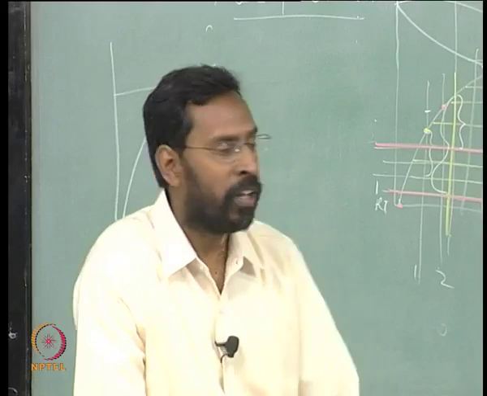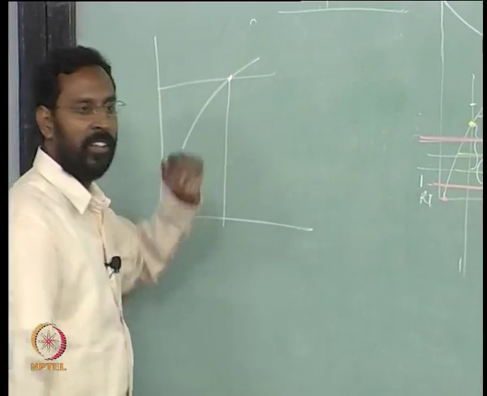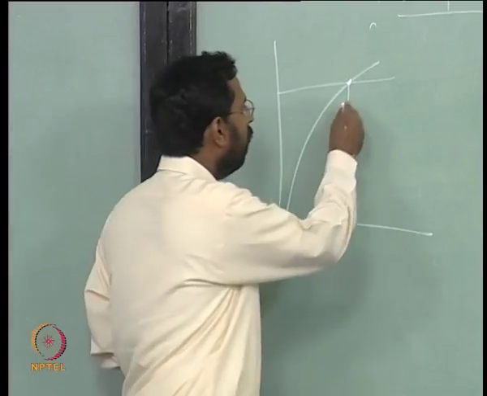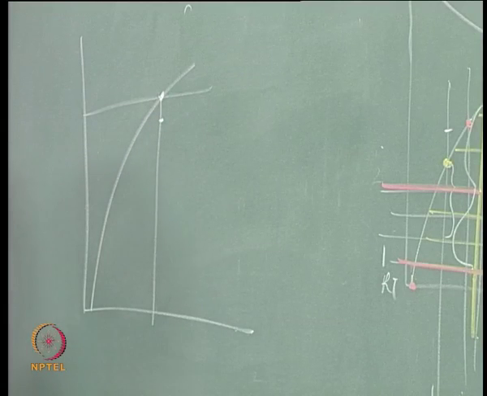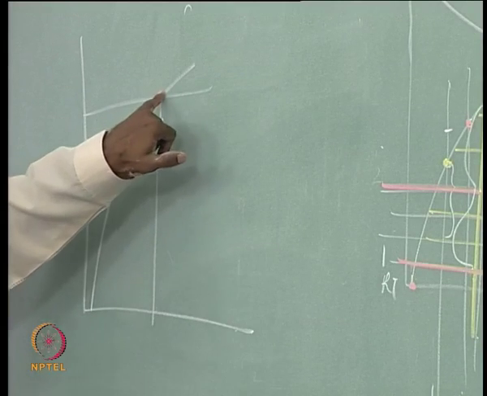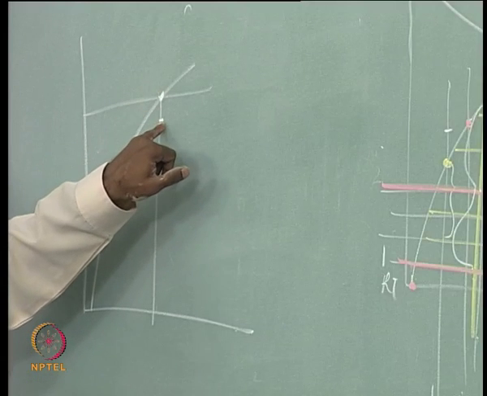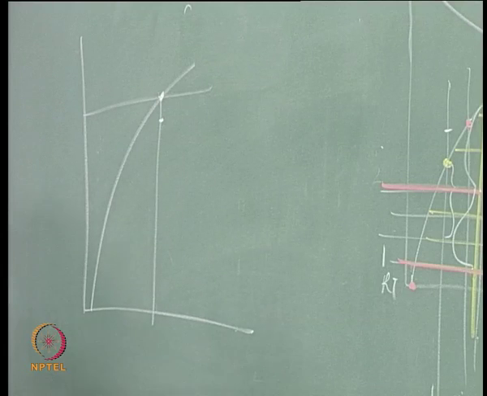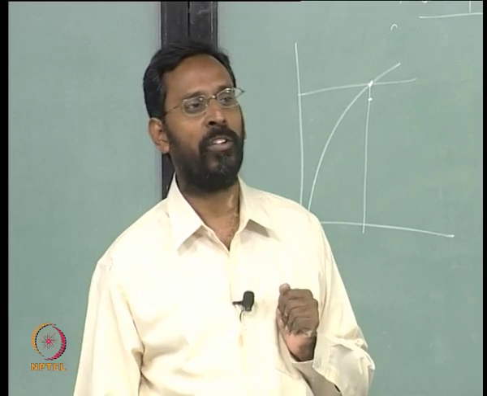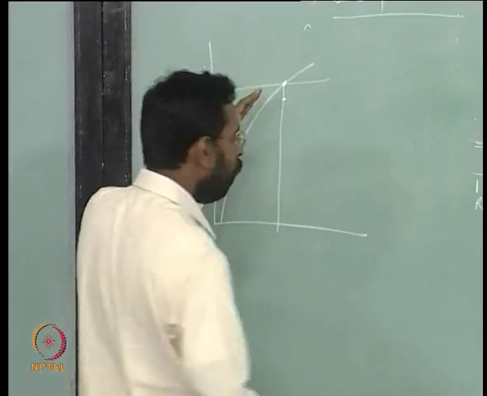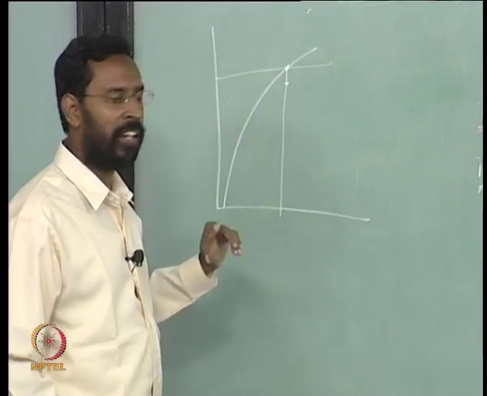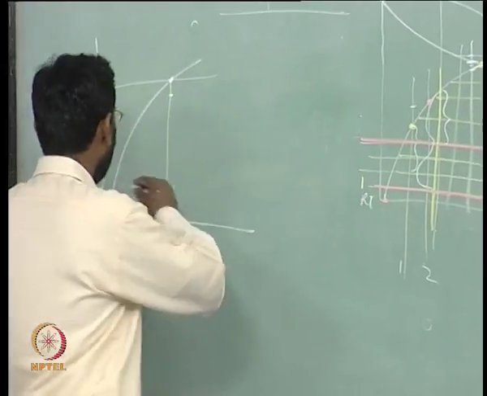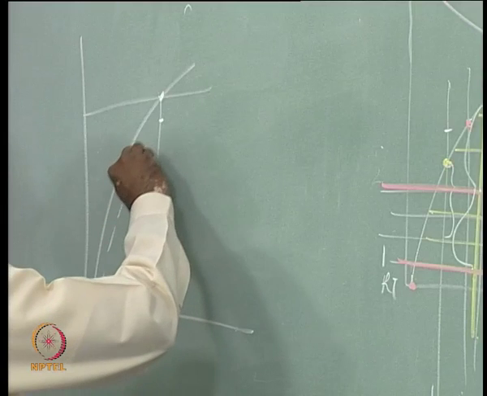Now the moment you consider the strain energy term, you will see the transformation temperature comes down. Transformation does not happen there, it happens at a lower temperature, because only when you come to a lower temperature you have sufficient driving force which can overcome the strain energy term, so that the actual transformation takes place. So if you now consider the solvus line considering the strain energy, you would see a new solvus line coming up.